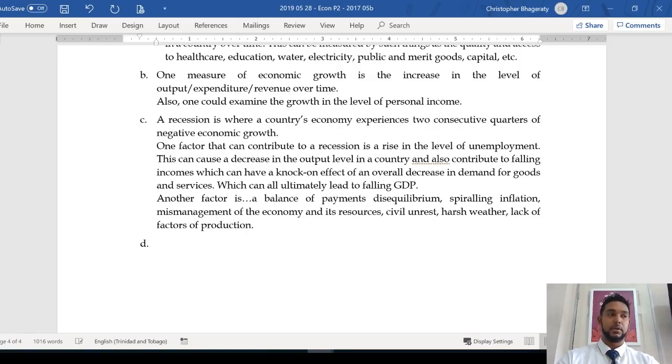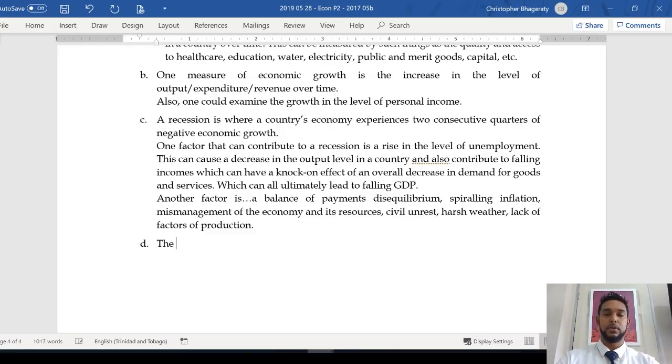All right, guys. Very quickly, let's talk about part D, which is: select one developed economy and one developing economy and describe one economic difference between these two economies. So what country do you consider to be a developed economy? US.